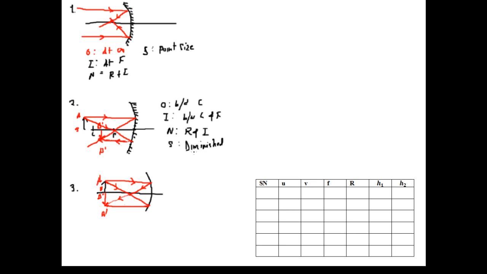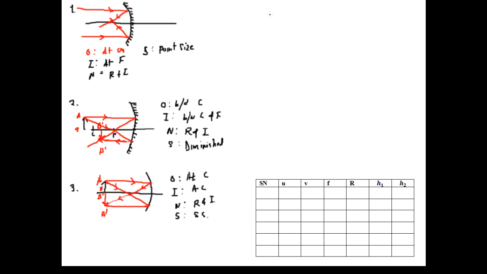Fourth. Now we place the object between C and F. Again I consider two rays. After reflection, it will pass through the focus.